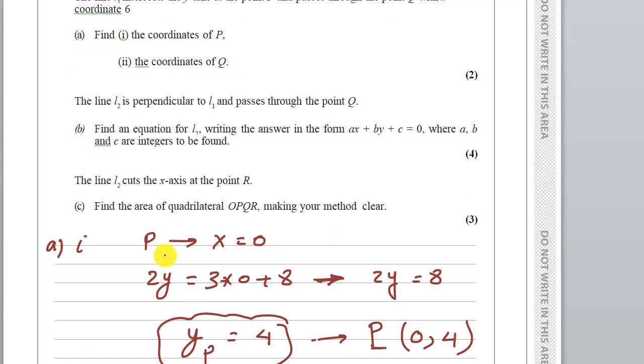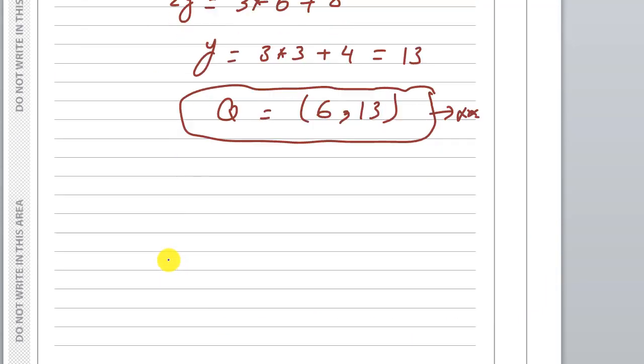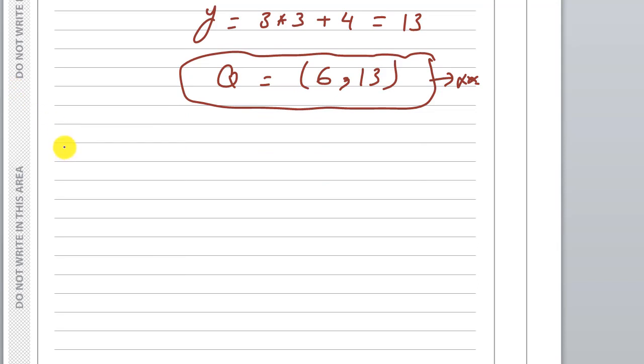So let us now find the equation for the line L2.